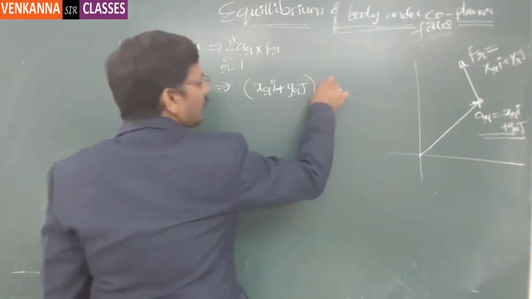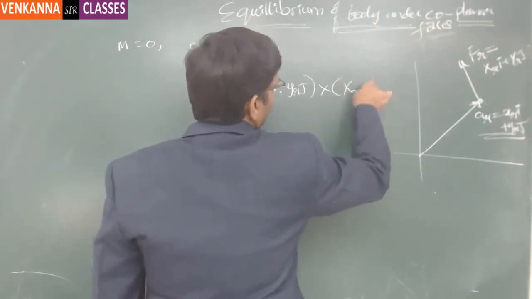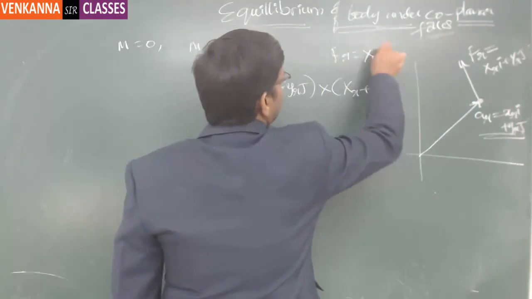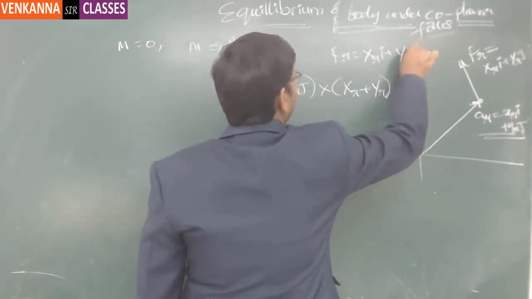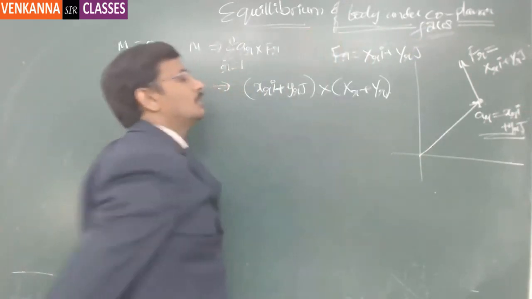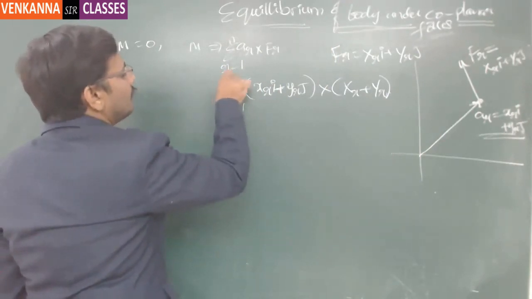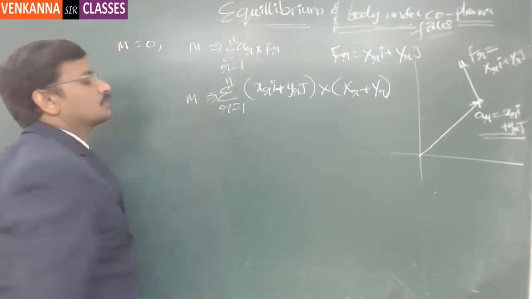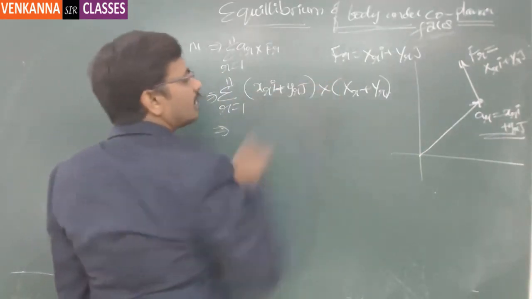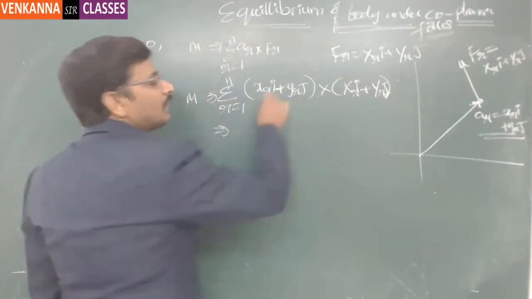Now the cross product of x_r i plus y_r j, where F_r equals capital X_r into i plus capital Y_r into j. So this is F_r. If you do the sum of these two for r equal to 1 to n, this is what M is. So this M has to be equal to 0. Now if you do the cross product, i cross i will be 0 and i cross j will be k.